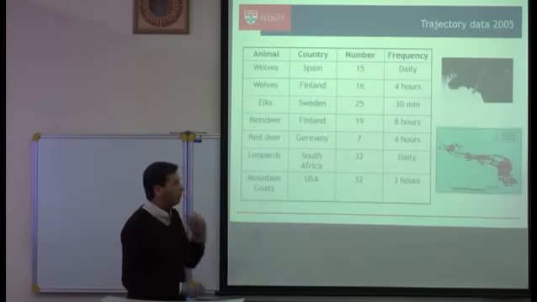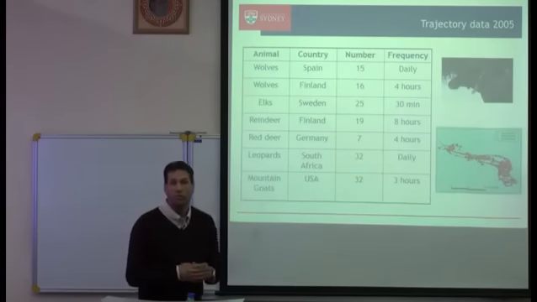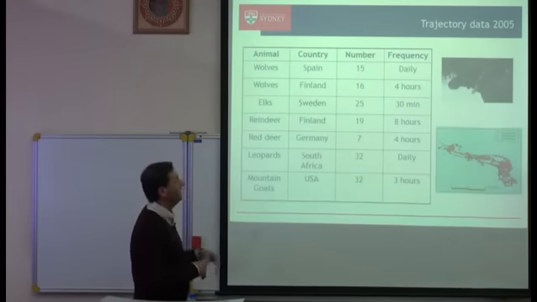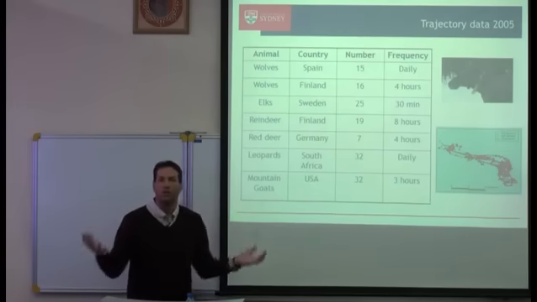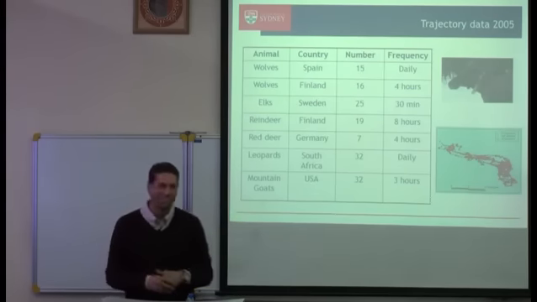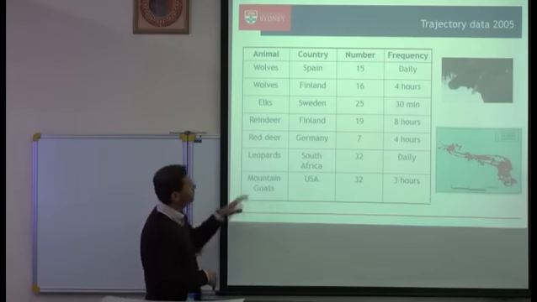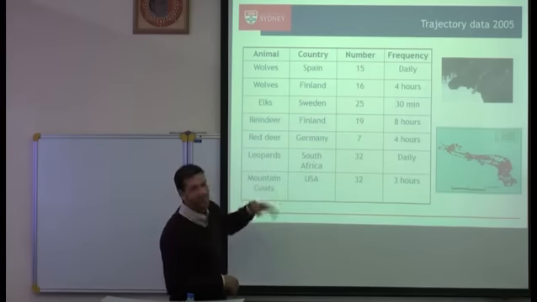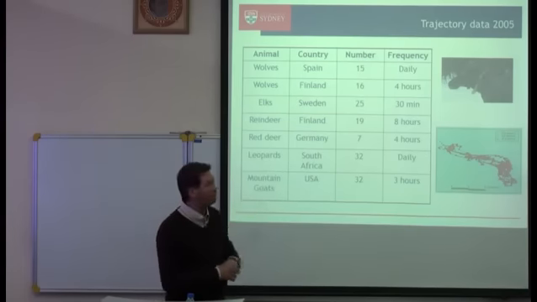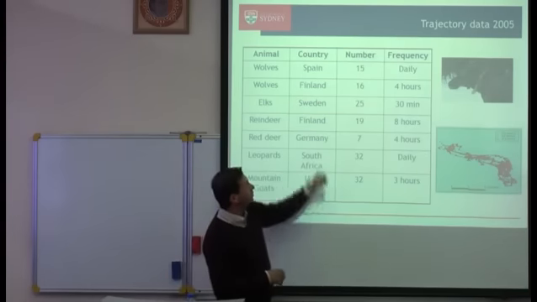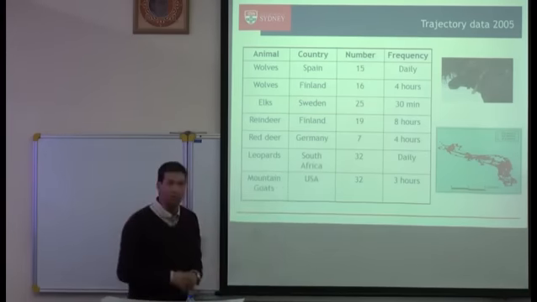So I gave a survey talk in 2005, and I wanted to show how enormous the data was. I looked on the web and found a lot of projects where they were tracking animals. You can see that most of them track between, say, 7 and 30 animals.